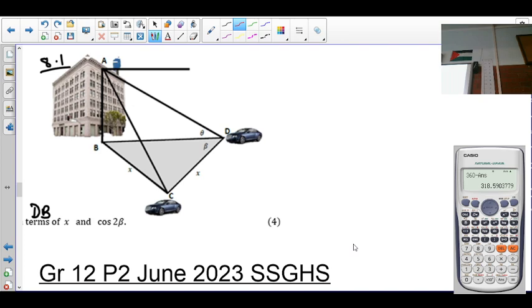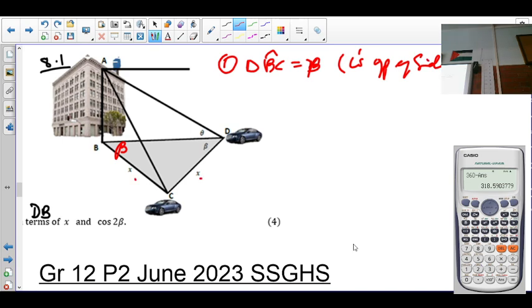Firstly, DBC is equal to beta. Why is that beta? Because it's angles opposite equal sides. As you can see, the sides are equal here, both are x. Then BCD is equal to 180 minus 2 beta.